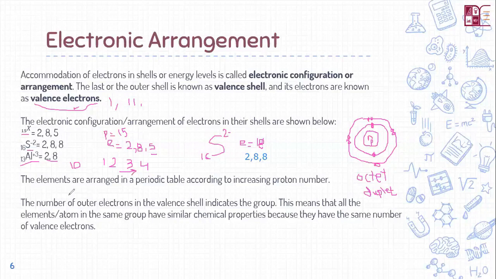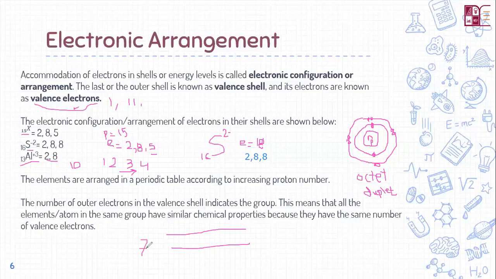The rows which are formed in the periodic table are the horizontal rows. They are 7 in number, and they are known as the periods. So there are basically 7 periods in a periodic table.